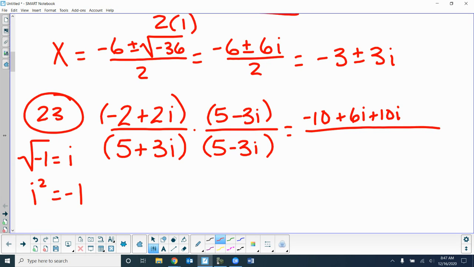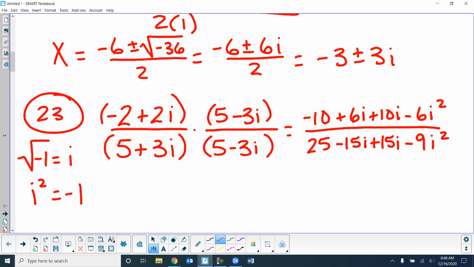And L for last, 2i times -3i is a -6i squared. Okay? Down here, first, 5 times 5. Outside, -15i. Inside, +15i. And last, -9i squared.